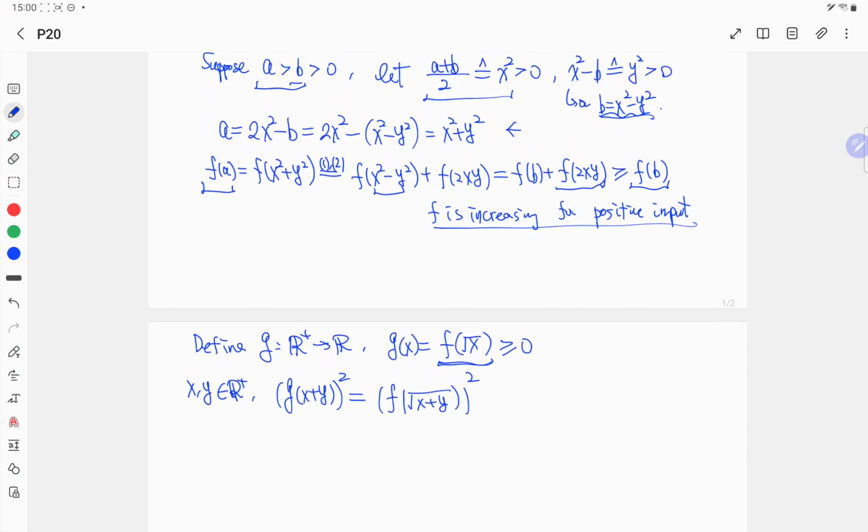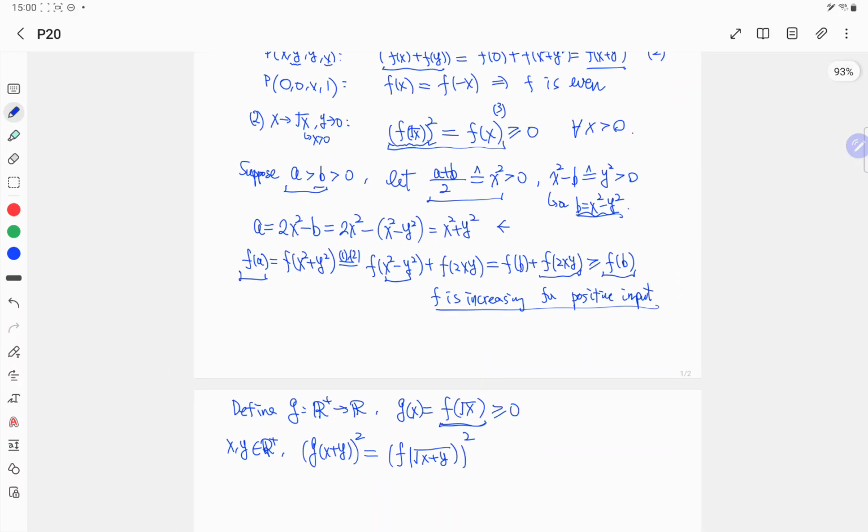And then here we try to make use of equation 3, which is actually this one. So we can move this square to cancel this square root inside the f.